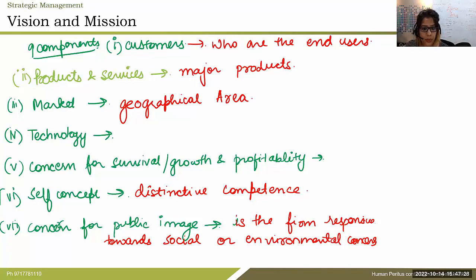That you are doing something for CSR, corporate social responsibility. You are respecting the environment. You are not using too much plastic that is creating havoc in the environment, right? You have a concern for your public image.